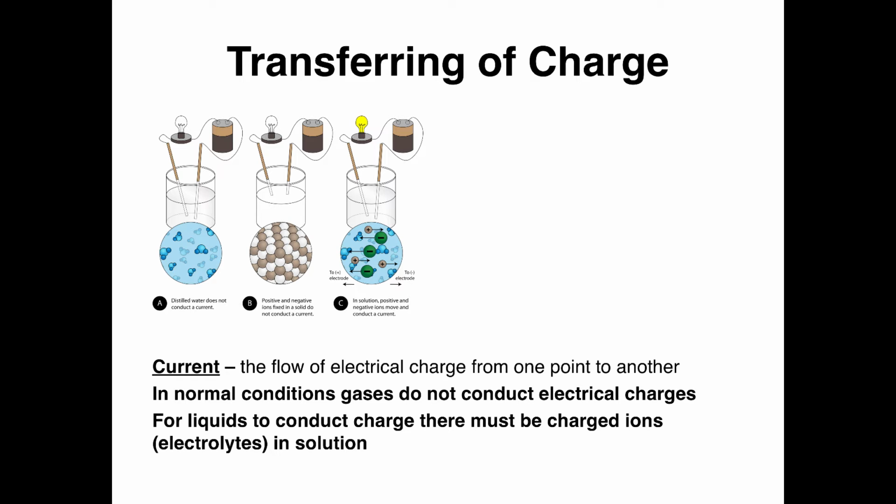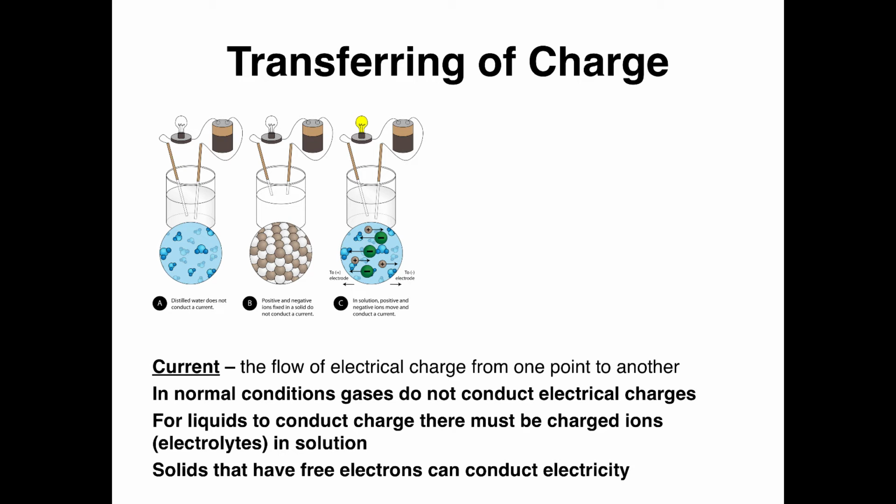C is a situation where you have a liquid that has electrolytes floating around, positive and negative charged electrolytes, and these will move, and in the process of their motion, they will allow the motion of electrical charge to either the positive or negative electrode, and this results in the light coming on.